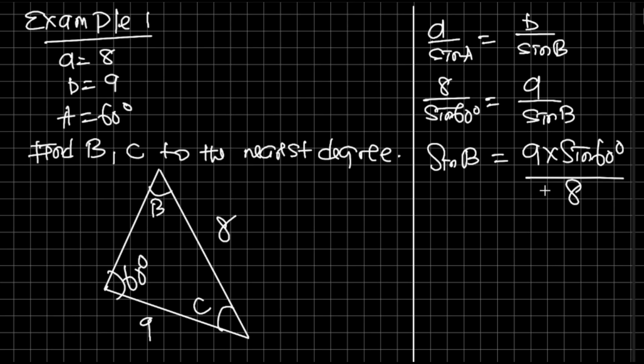Okay, so taking our calculator, sine 60 is 0.8660, all over 8. So multiplied by 9 divided by 8, and the answer is 0.9743.